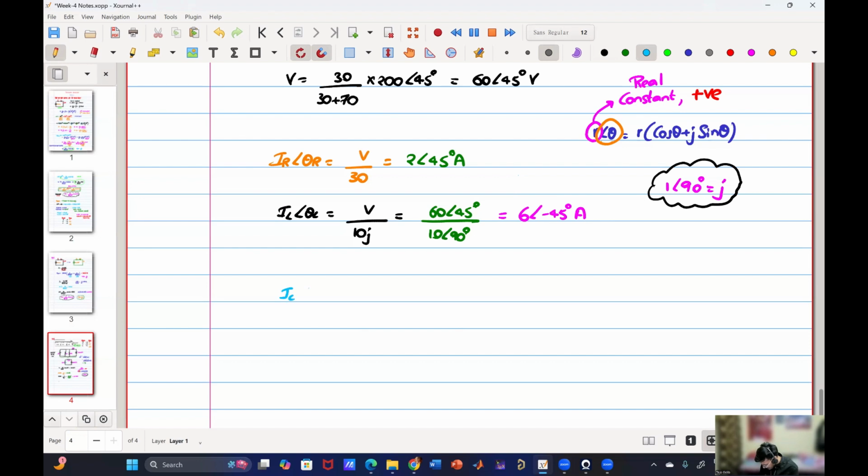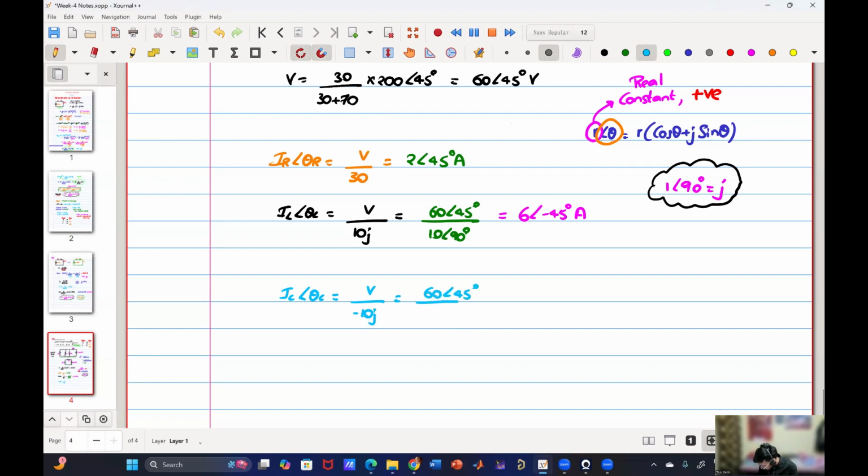So now what is IC angle theta C? It is V by minus 10J. Now I cannot write minus 10J as minus 10 angle 90 degrees. That is wrong because it cannot be negative. V is 60 angle 45 degrees.